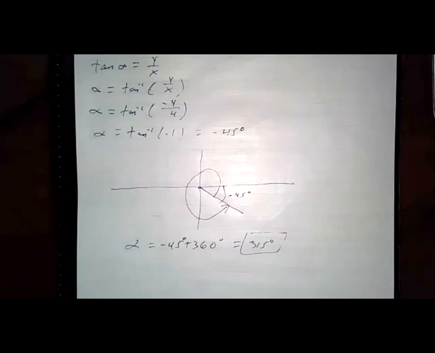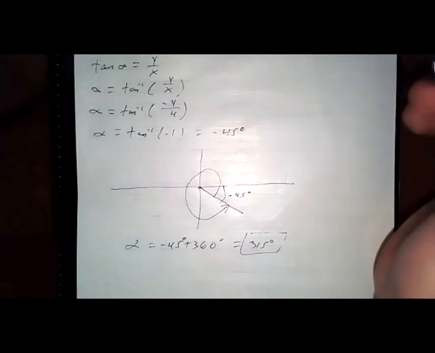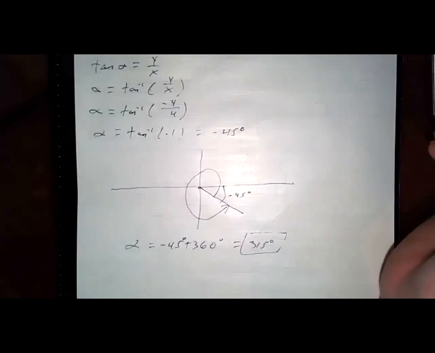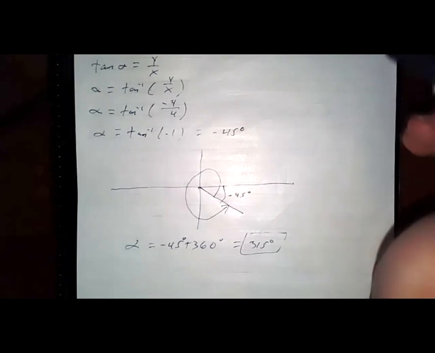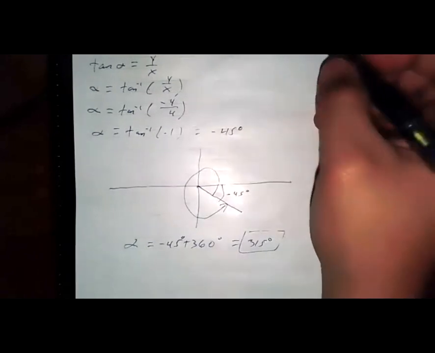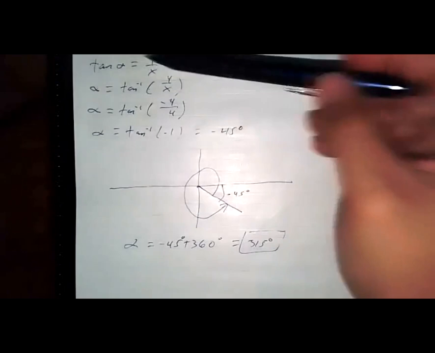Why did you use tangent? Well, I guess because we don't have the magnitude, right? Yeah, so we always use tangent to find the direction of a vector.